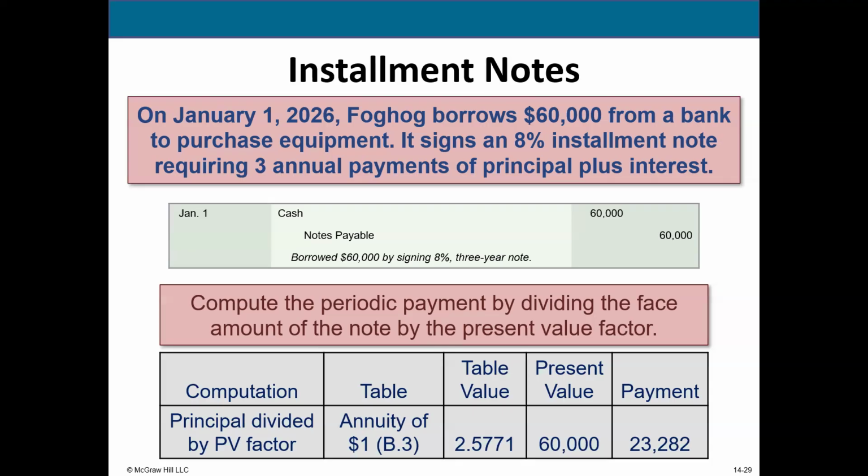The payments on an installment note normally include interest expense and a portion of the principal that has been borrowed. So the first thing the company does is debit cash 60,000, credit notes payable 60,000 to reflect the receipt of the loan. 60,000 at 8% interest, that's 3 years.